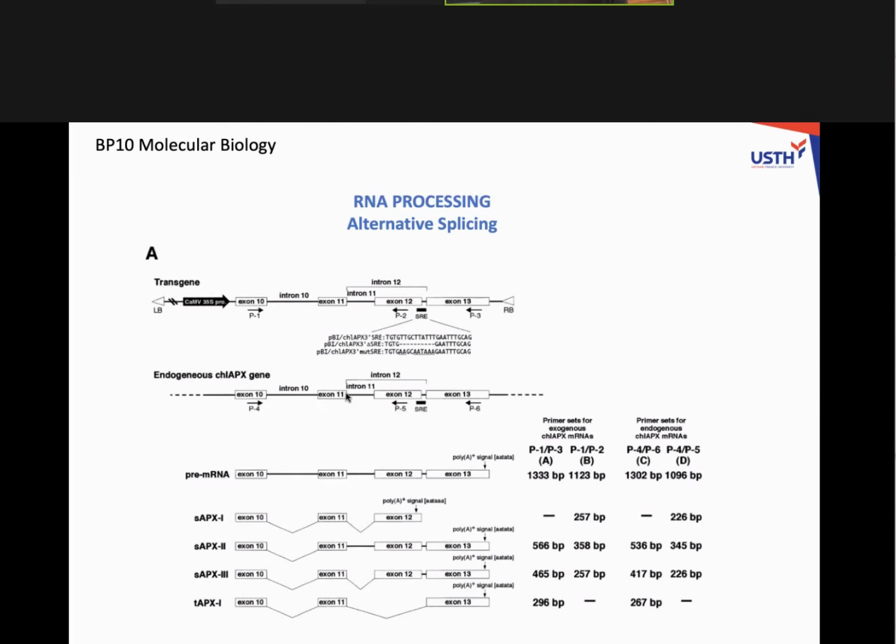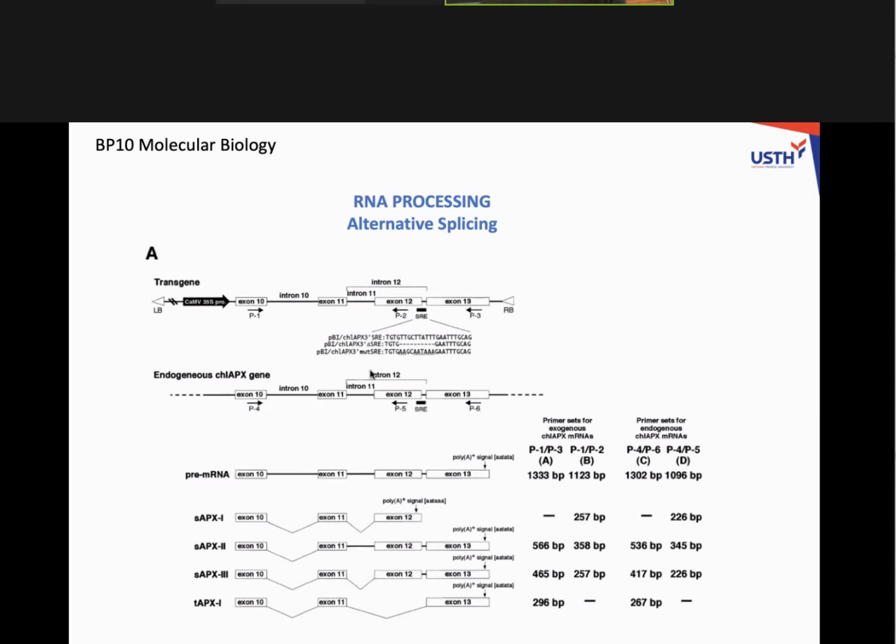Then the protein sequence ending at exon 11 goes directly on to exon 13, which means that in this alternative splicing event, instead of removing intron 11, keeping exon 12 and removing intron 12, the whole block from intron 11 to intron 12, including exon 12, is removed.